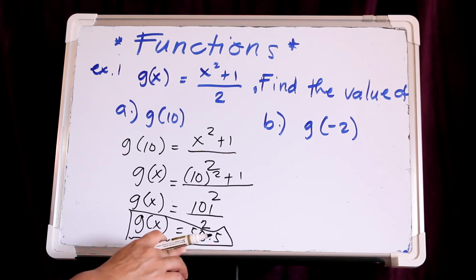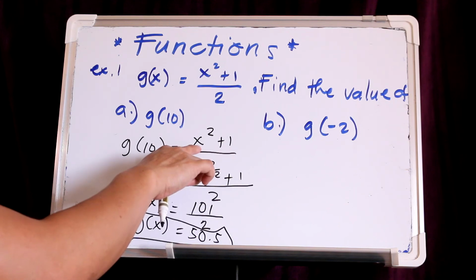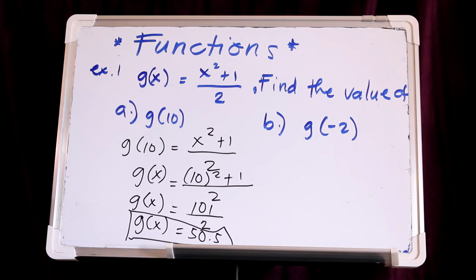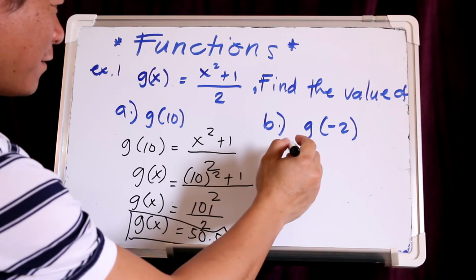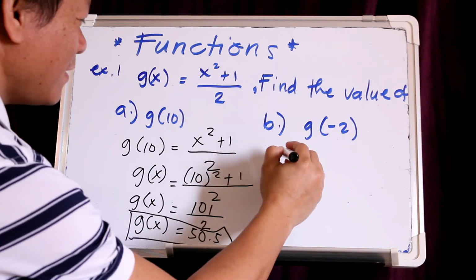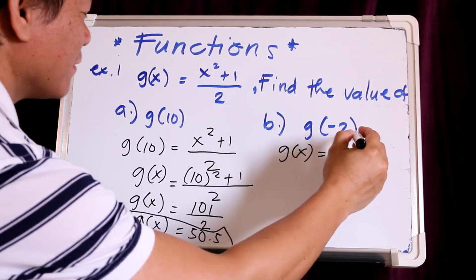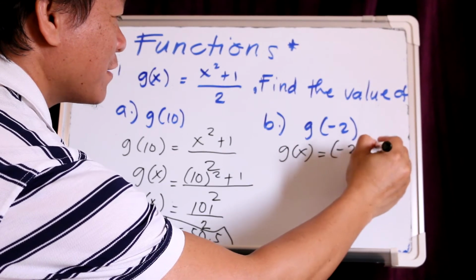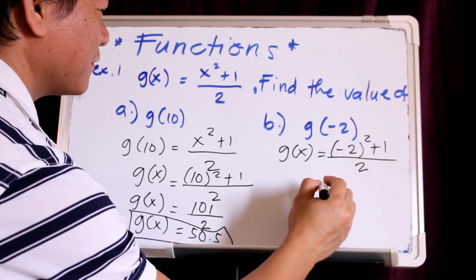Okay, so I said earlier, what if the value of the x decreases? Will it decrease the output also? Yes, of course. So right here on letter B we have g(-2) equals ((-2) squared plus 1) divided by 2.